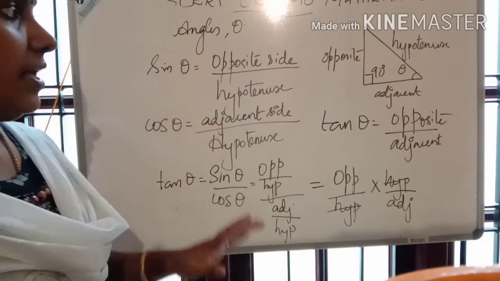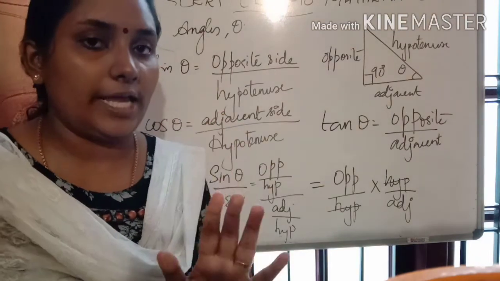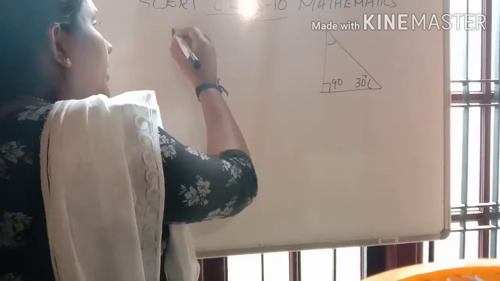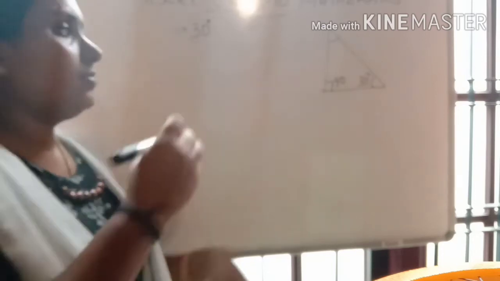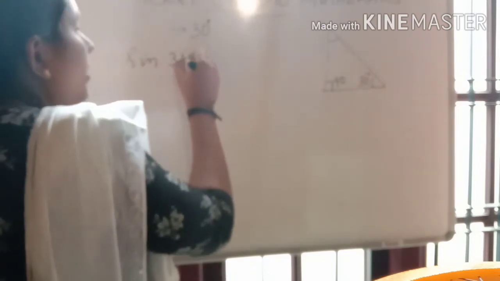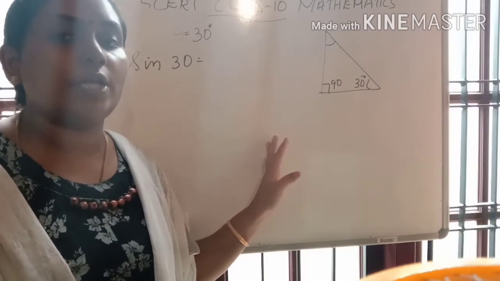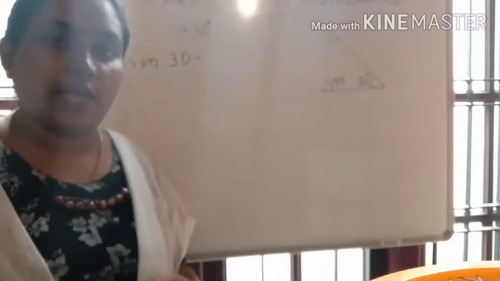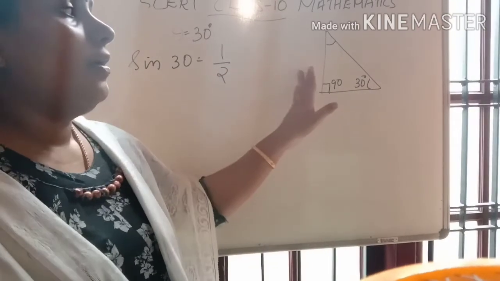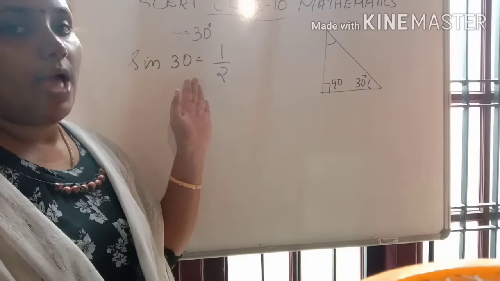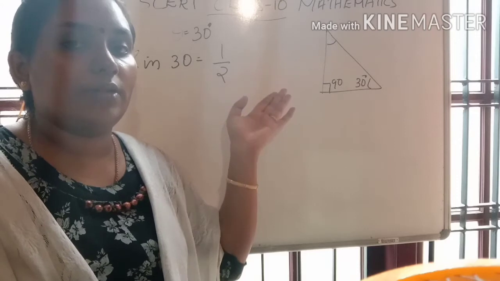From these equations, we can easily find out the values of sin theta, cos theta, tan theta, in the case of a right angled triangle only. If theta is equal to 30 degrees, just memorize one value, sin 30 is equal to 1 by 2, to find out the other trigonometry functions.